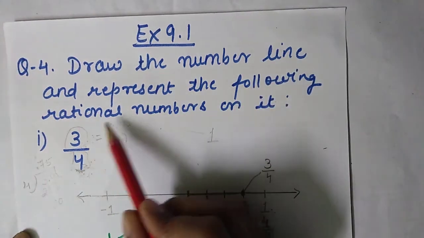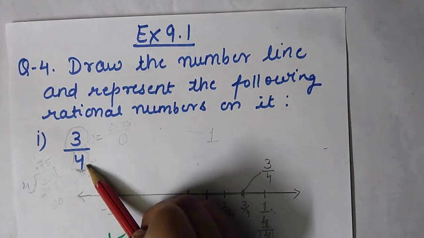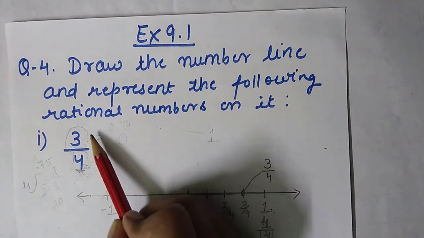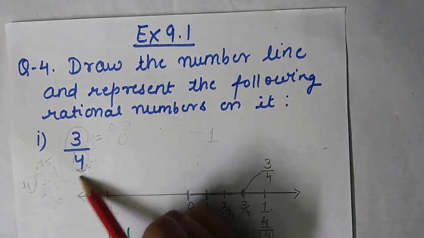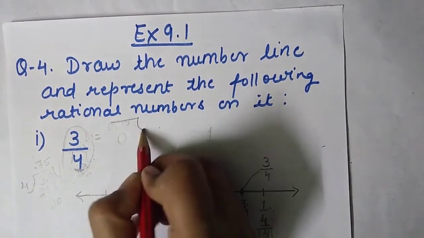Suppose we are given a rational number 3 by 4, and we have to represent this on a number line. For representing it on a number line, first you must know between which two integers this rational number lies. So for that I will divide this fraction.